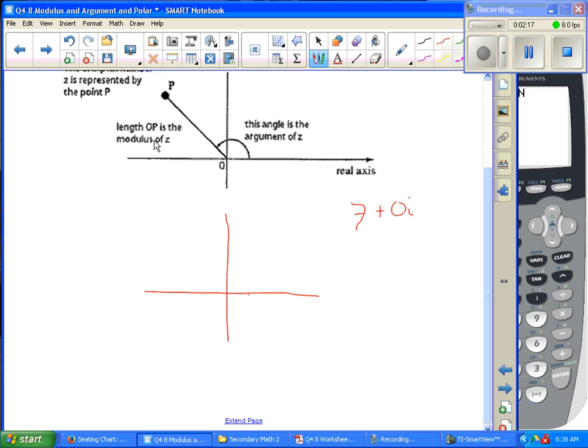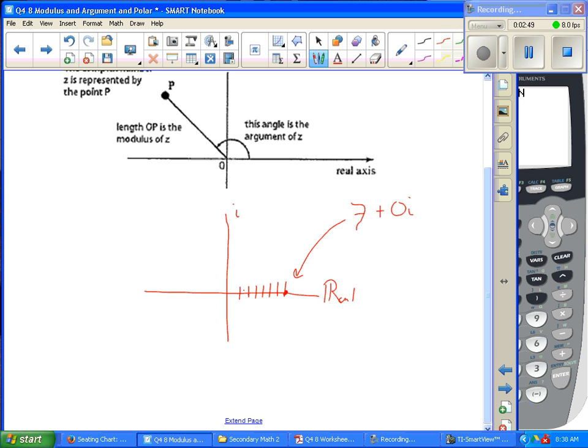We can graph these, and this is the x-axis that we always called the x-axis. That's your real axis. This capital R with 2 lines means real, but if you want to, you can write the word real. The y-axis is i. That's your imaginary axis. So if I wanted to graph 7 plus 0i, I go 7 real and then 0 imaginary. So it just stays right there on the real line.